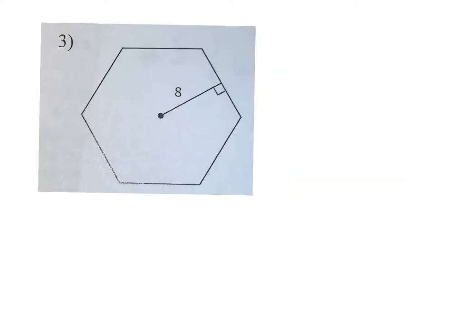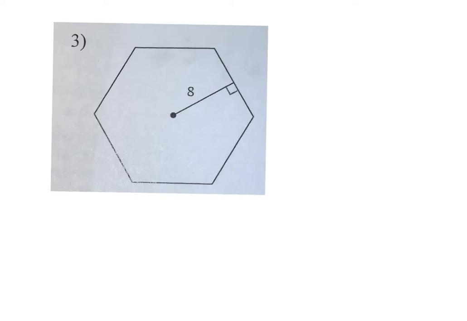Oh, potentially. So remember we talked about these interior angles here. And so if I were to create this isosceles triangle right there, if I were to draw all of them, I would have 6 of them.